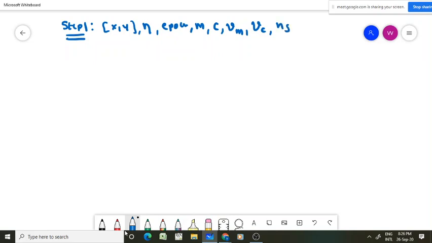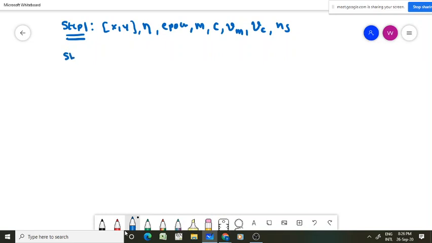So the Nesterov accelerated gradient. In step 1, read the data: eta, epochs, m, c, vm, vc, number of samples. You have to initialize all those things, right?